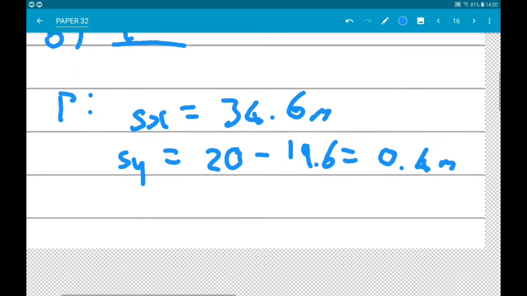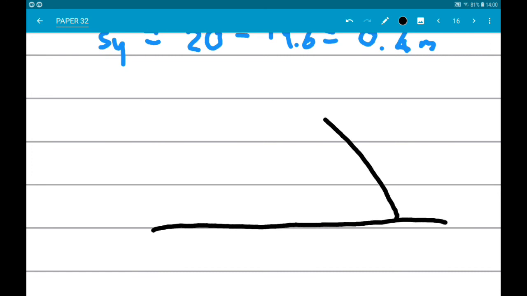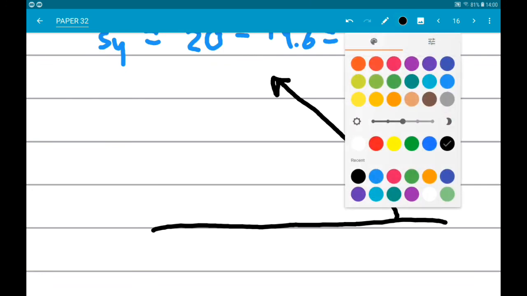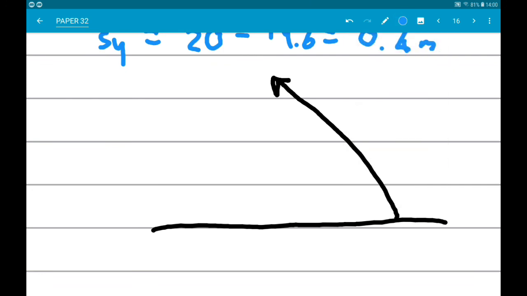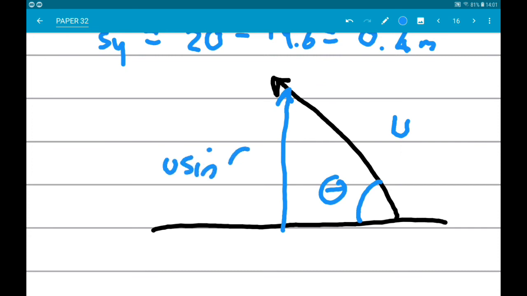Alright. Now, for Q, we know our initial speed is u, the angle is theta, so then our vertical is u sine theta, and our horizontal is u cos theta.